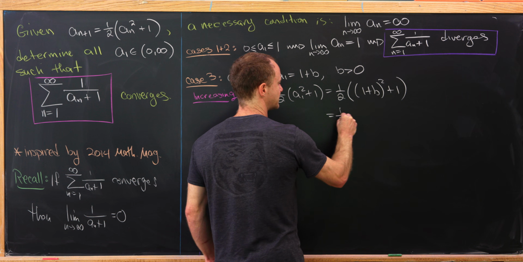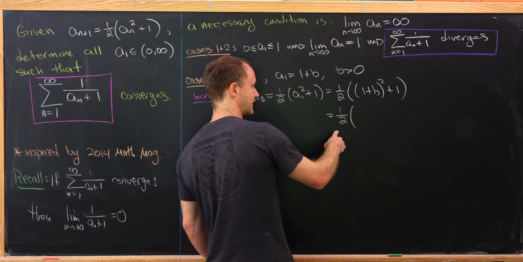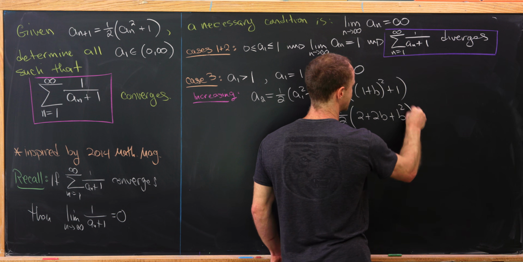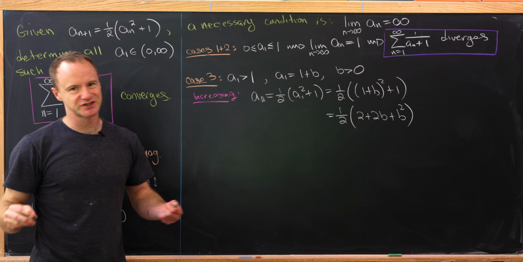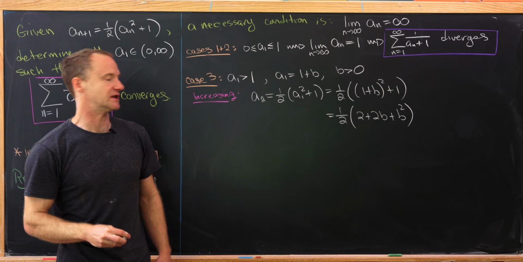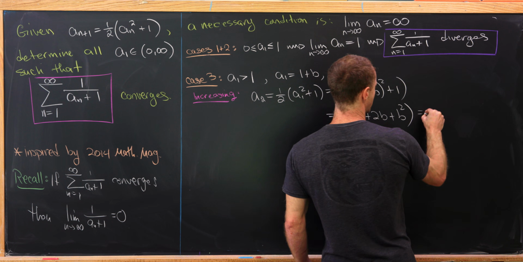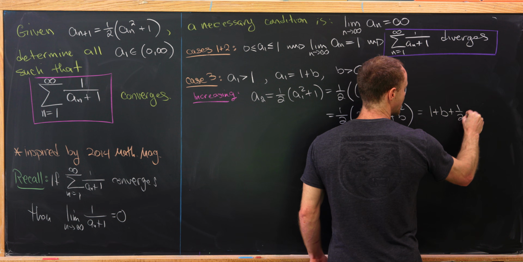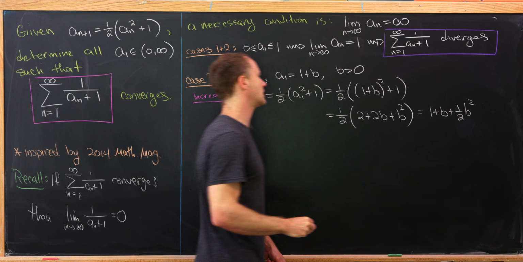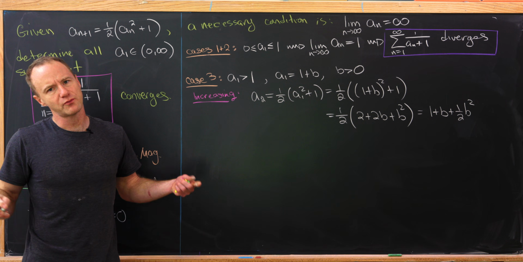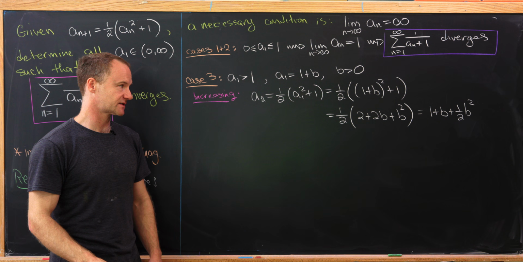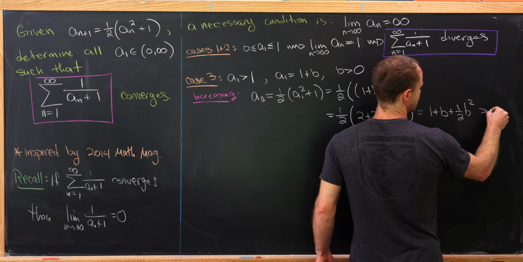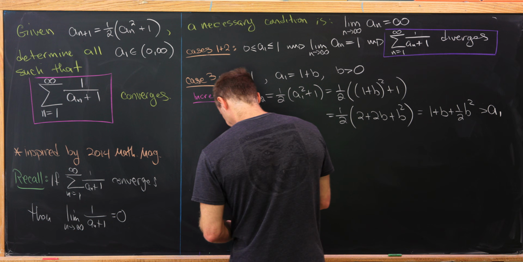But now we can multiply that out to get 1/2 times (2 plus 2b plus b squared), again just by some simple symbolic manipulation. But then that'll pretty clearly give us 1 plus b plus 1/2 b squared. But then again, 1 plus b is a_1. It's not 1 minus b this time, but this is pretty clearly bigger than a_1.